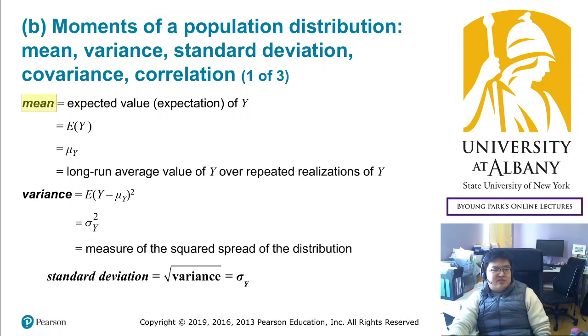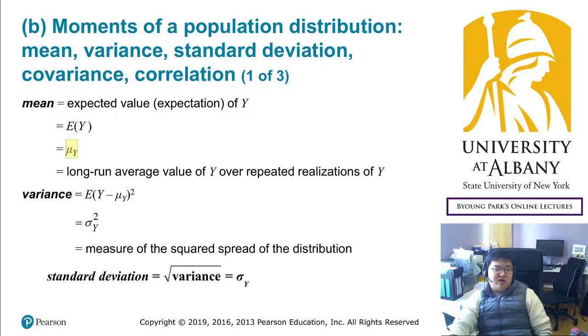Mean is the expected value of the variable itself. So usually we write it as expected value of y, or the Greek letter mu stands for the true mean. Remember, this is calculated from the population distribution, or you calculate this mean if you were able to observe the full population. Then you are going to get mu of y.